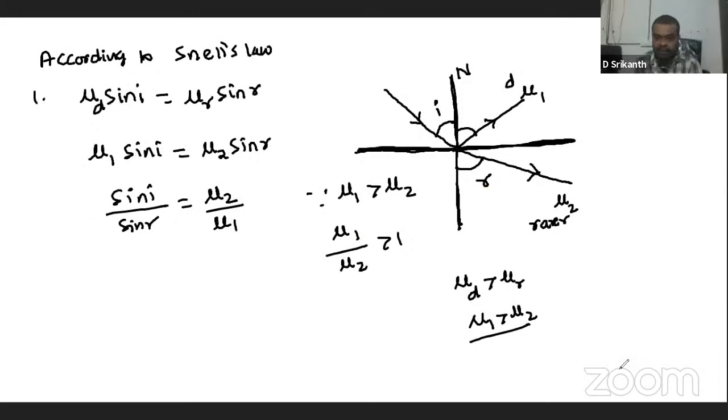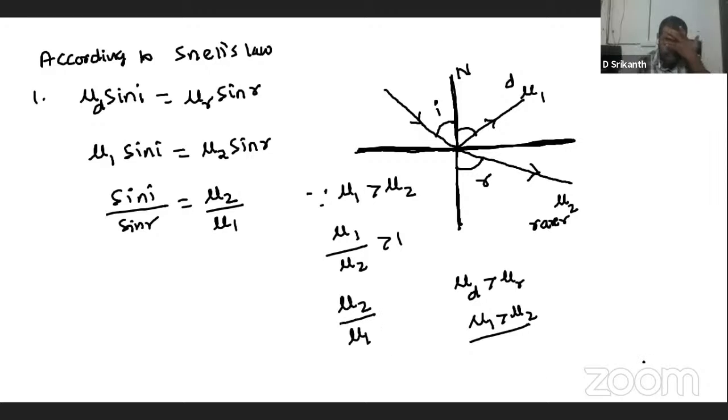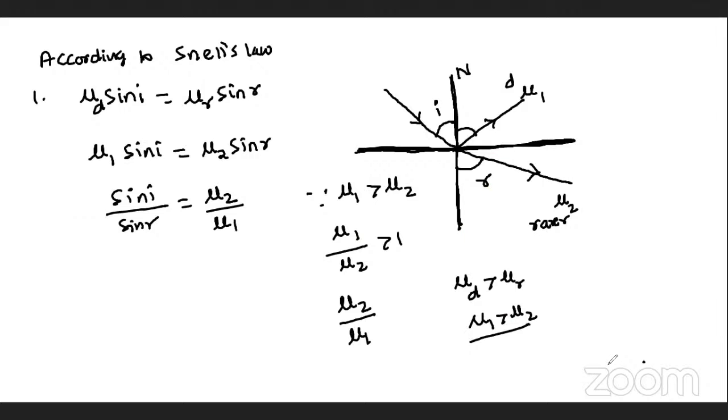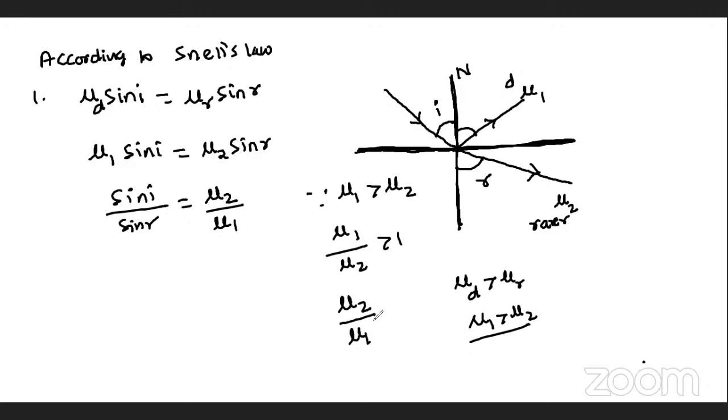Is it right? So mu2 by mu1, what will be the value?